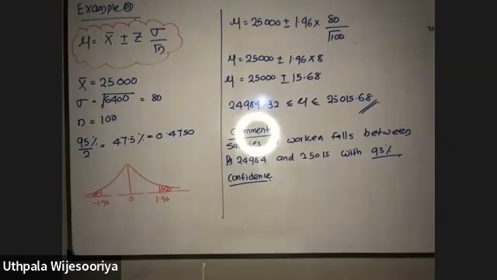Let's say the size of the population is 2,000, which makes it easier to comment. So there are 2,000 workers in this company, and I can take samples of size 100. There are 20 samples.